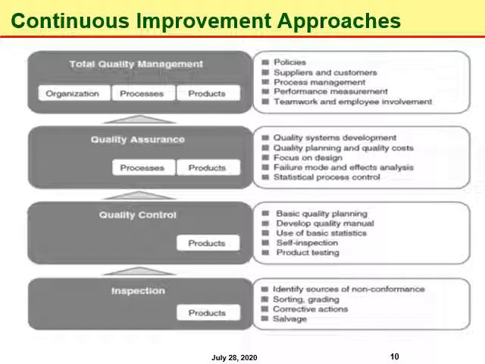Then quality control introduces a broader view of quality, and provides methods such as product testing and basic quality planning for quality improvement. Then quality assurance starts to focus on the prevention of defects and on statistical process control. Finally, the TQM takes a holistic approach to the subject of quality.